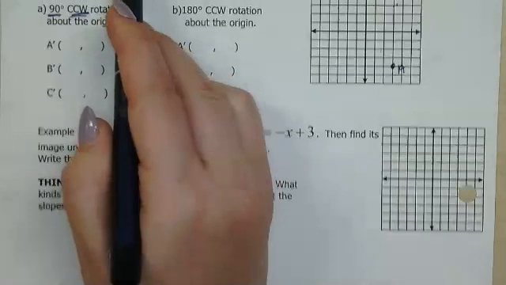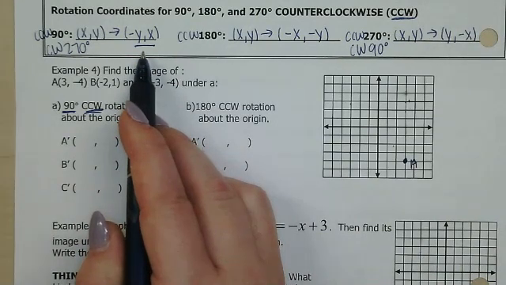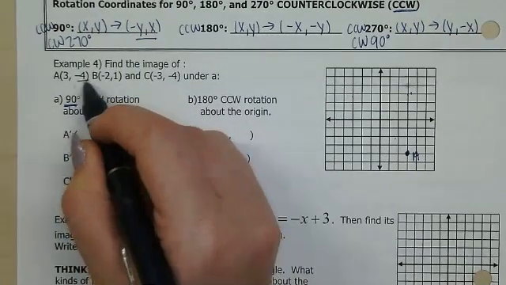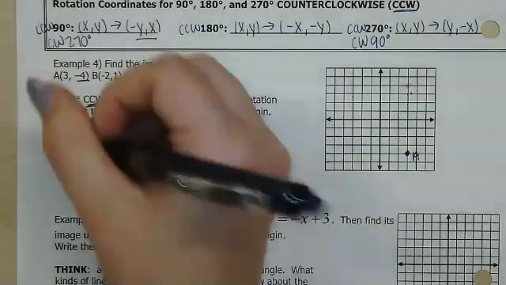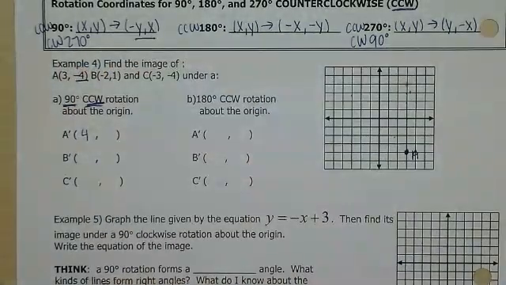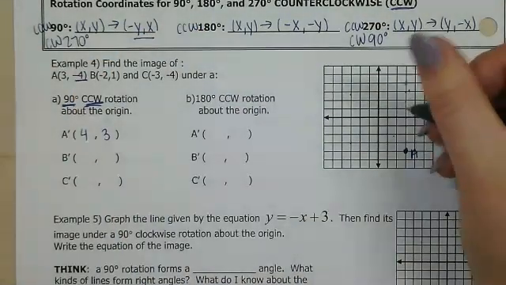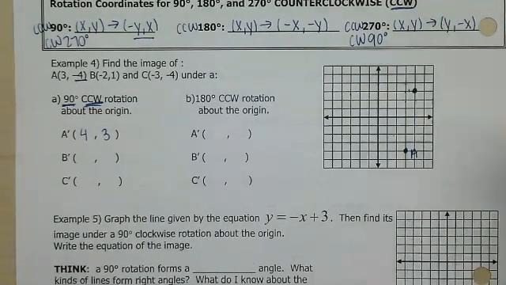What changes about the coordinate? It's (negative y, x). Your y was already negative, so if I put another negative in front of it, it becomes positive. And then I'm just supposed to move the x to the other spot. So there would be my A prime. So 1, 2, 3, 4, 1, 2, 3. That would put it here.